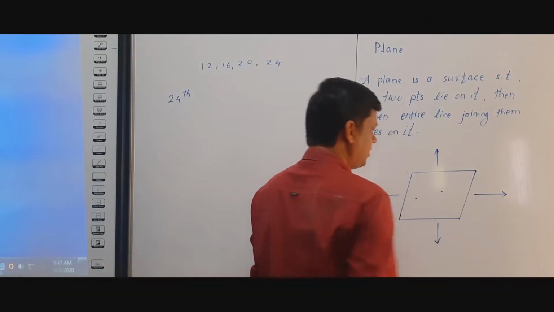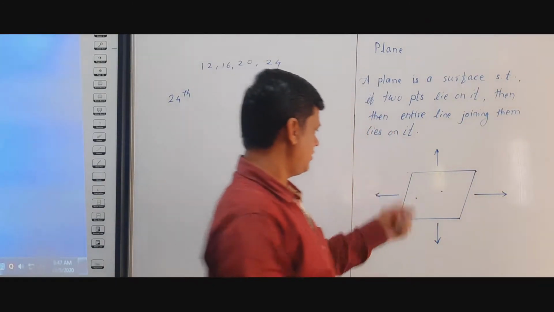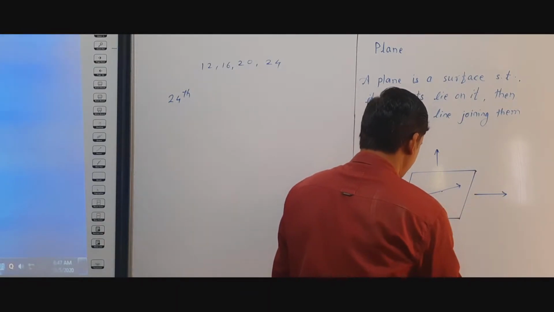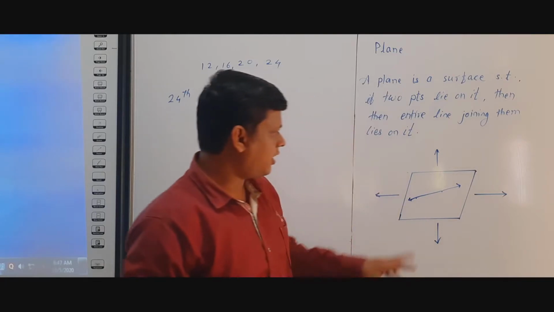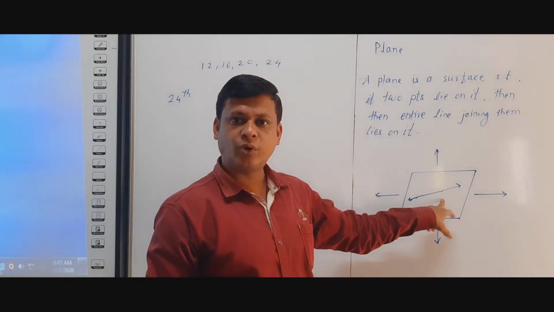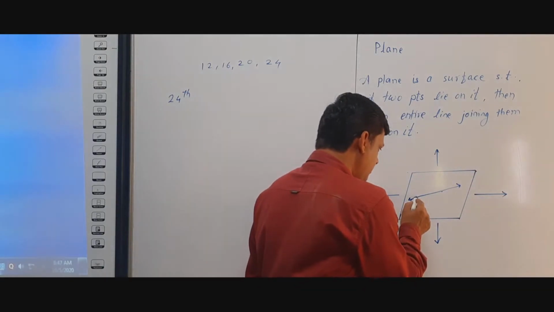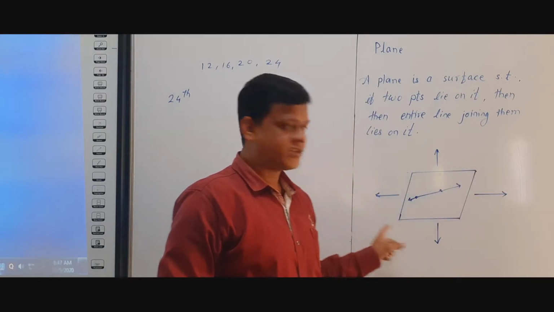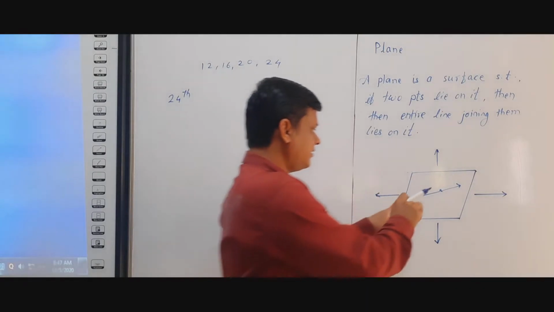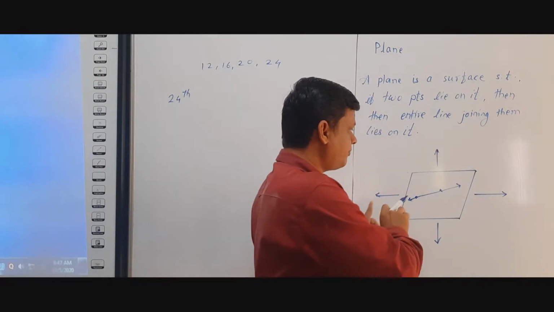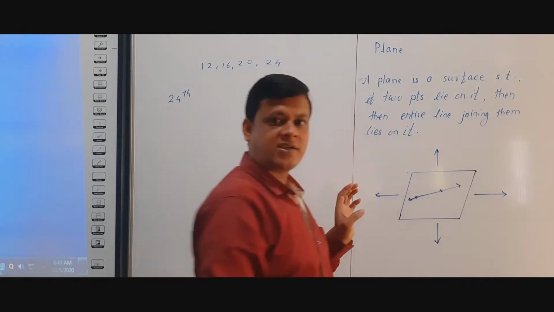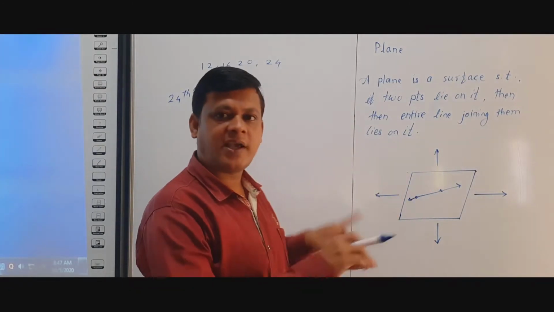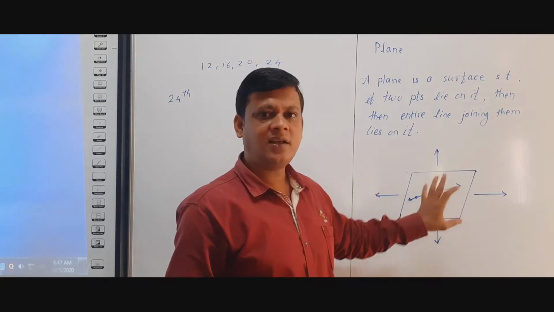When we consider 2 points on this plane and we join these 2 points, that is, we draw a line passing through these 2 points, then this line also lies in this surface. That means as this line extends, this surface also extends. So we denote this with an arrow, that means this surface extends as this line extends.